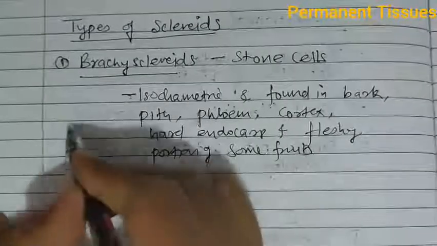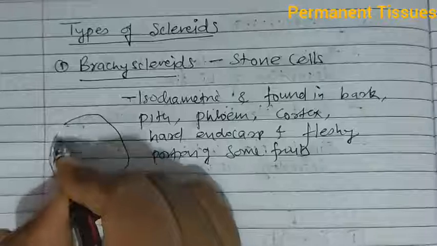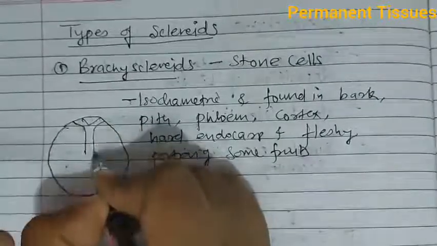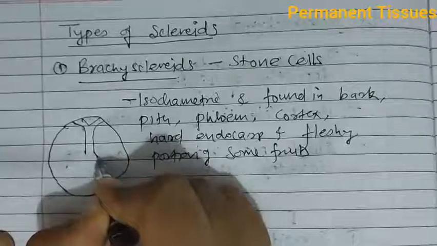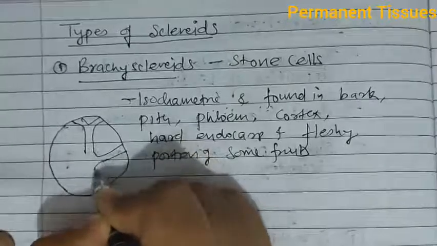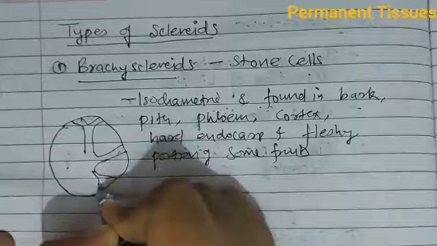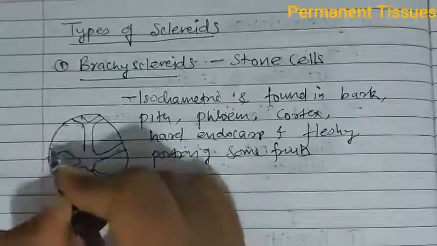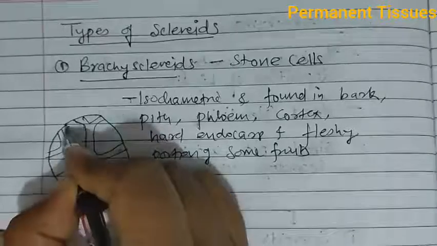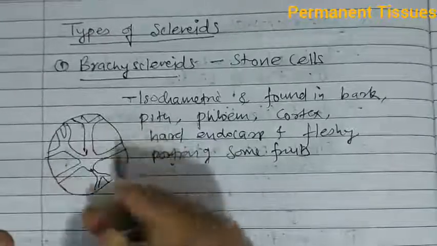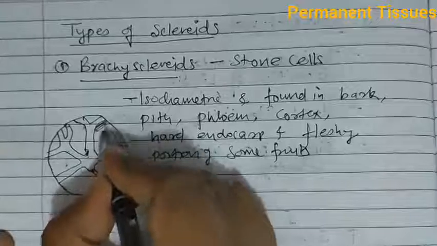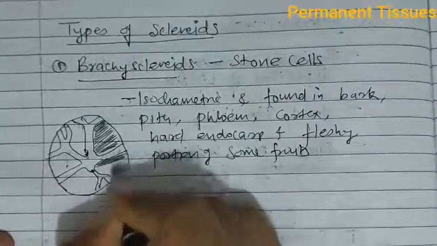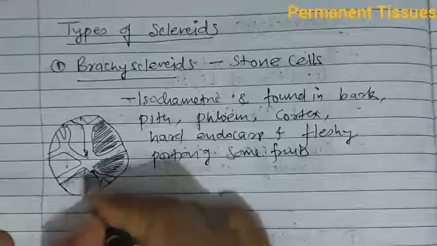If we draw the diagram of this brachysclereid, the cell wall is so thick, and the cell wall has pits.